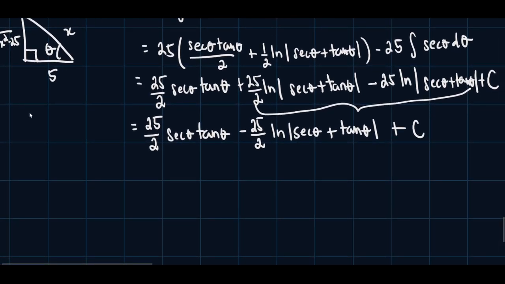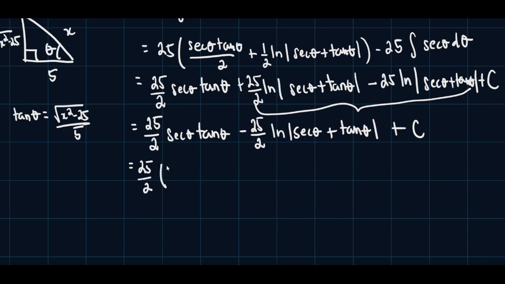With this reference triangle, we can solve for tangent theta to be equal to opposite over the adjacent side. Substitute the following values. Secant theta is x over 5. Tangent theta is square root of x squared minus 25 over 5.